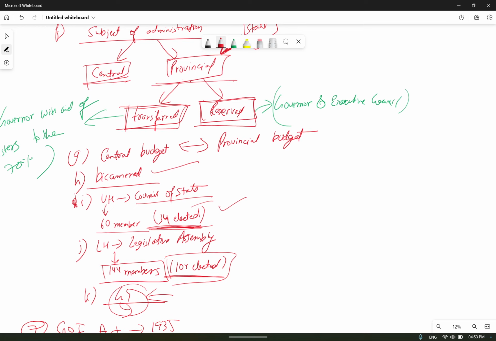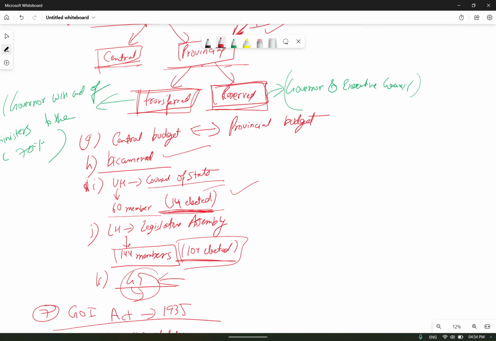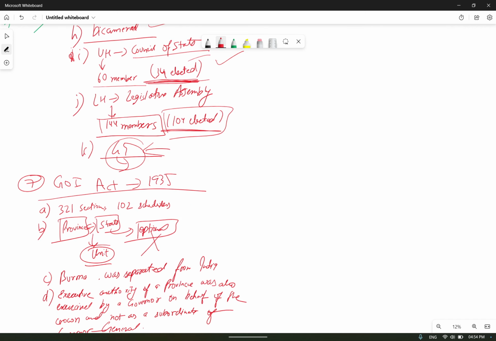Certain lists will be reserved, and there will be a concurrent list, where the central government can also interfere. The Governor General was empowered to authorize either the federal or the provincial legislature to enact a law with respect to any matter which was not enumerated in the legislative lists we have discussed.